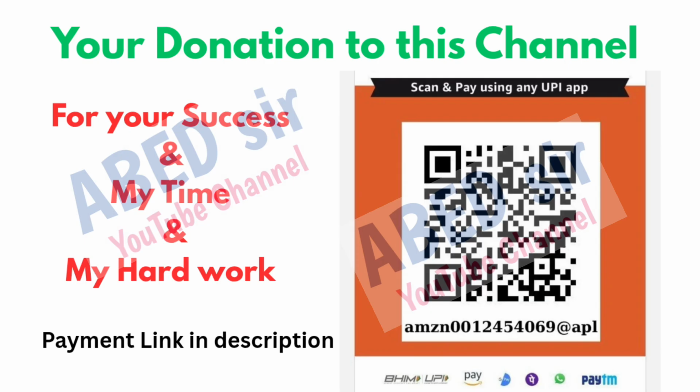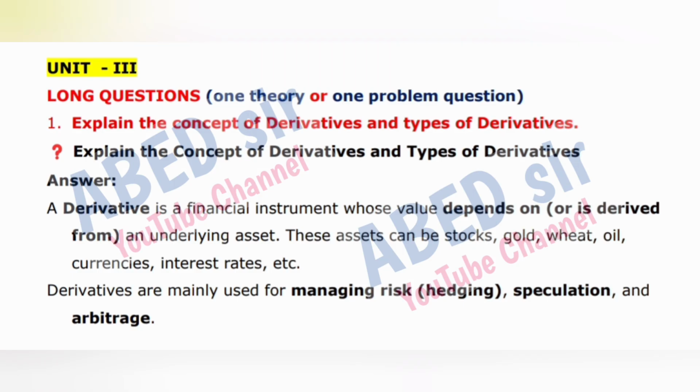Next, Unit 3 long questions. First important long question is 1. Explain the concept of derivatives and types of derivatives. Answer. A derivative is a financial instrument whose value depends on or is derived from an underlying asset.